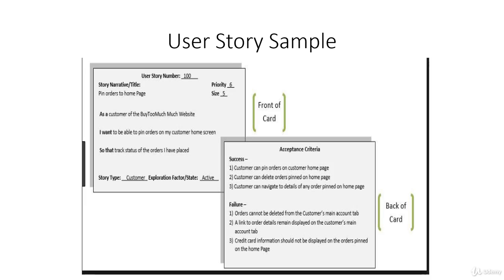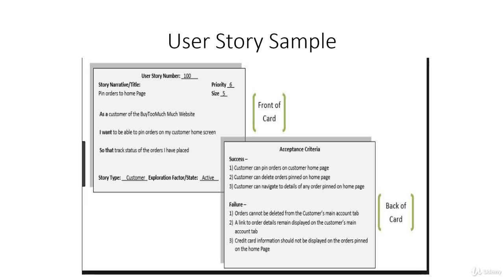You can see here on the back of the user story, there are a few acceptance criteria. And this is an example of a manual user story. So in the case if a company is creating user stories on an index card versus a tool, they would have this information as it appears here in this example.